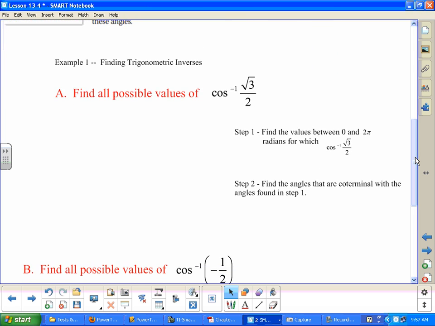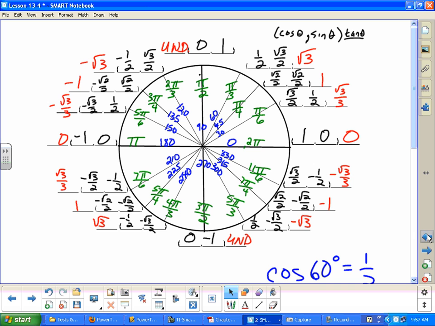So we have a two-step process for doing this. Step 1 is find the values between 0 and 2 pi radians for which inverse cosine is square root of 3/2. So I'll go to my unit circle. And cosine is what? Is it x or y? X. Cosine is x. So we need to find when the x values are positive, which would be the right side of the unit circle, and we're looking for square root of 3/2.